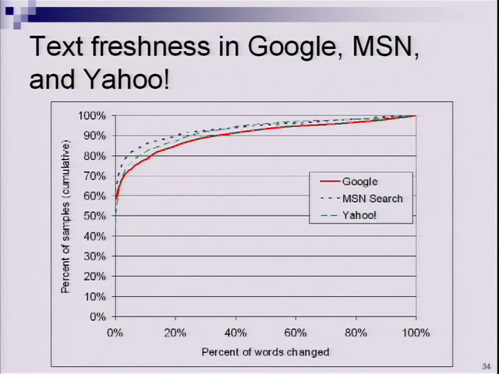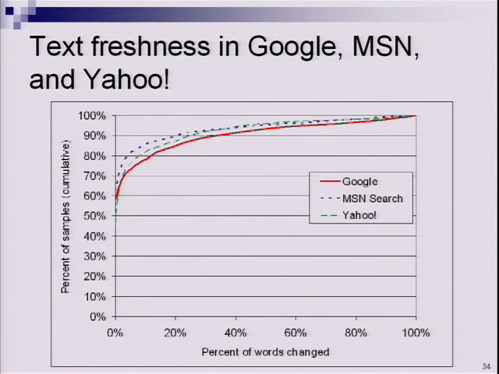We checked, for each value p between 0 and 100%, what fraction of the samples had p% change between the cached copy and the current copy.